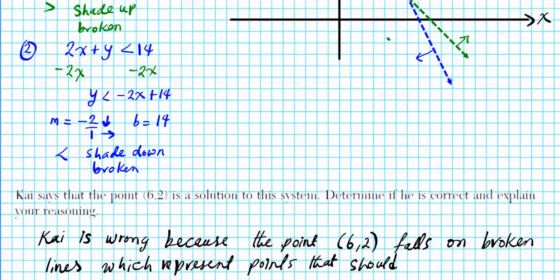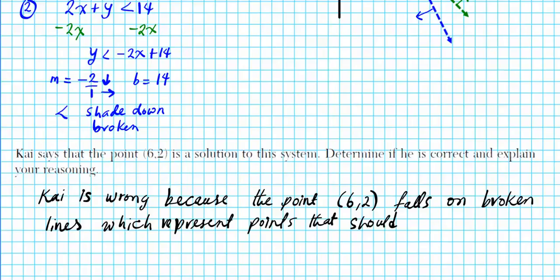There's a reason why it's broken. Broken or breakage means exclusion, which represents points that should be excluded from the solution region.